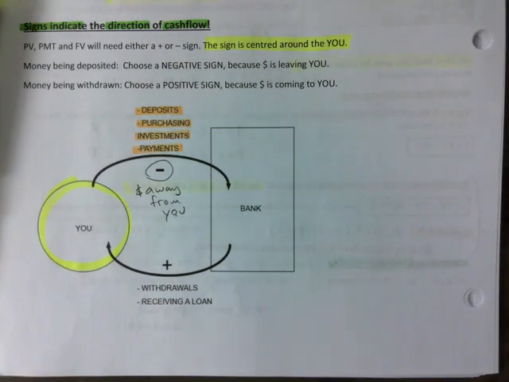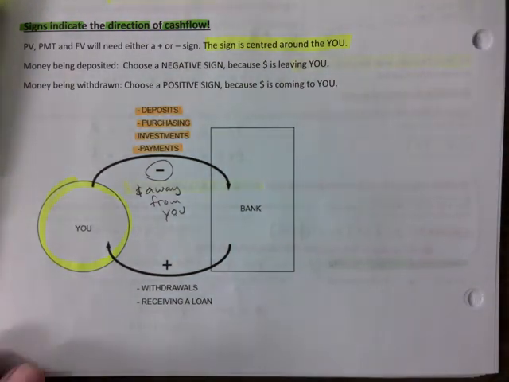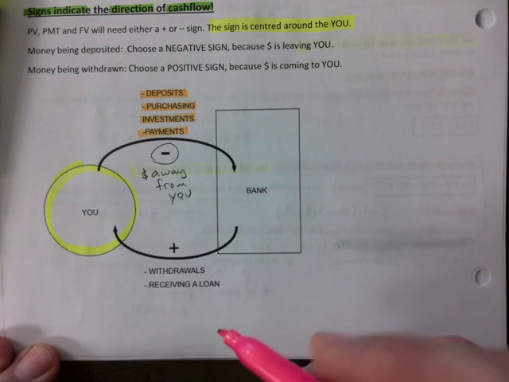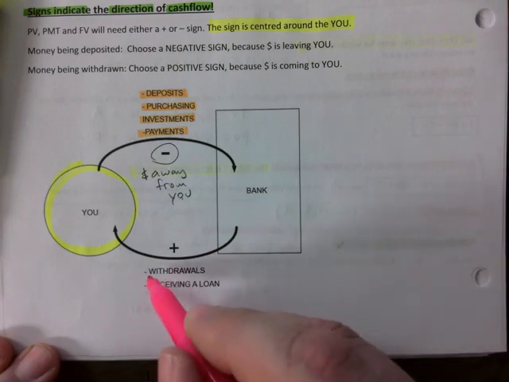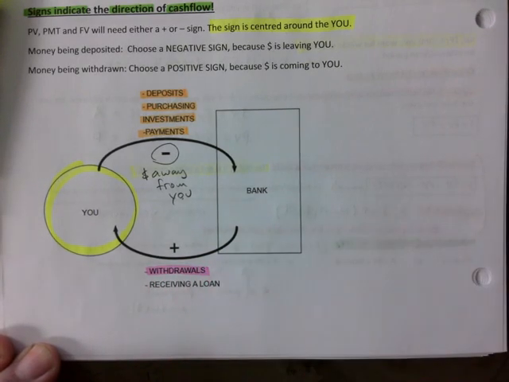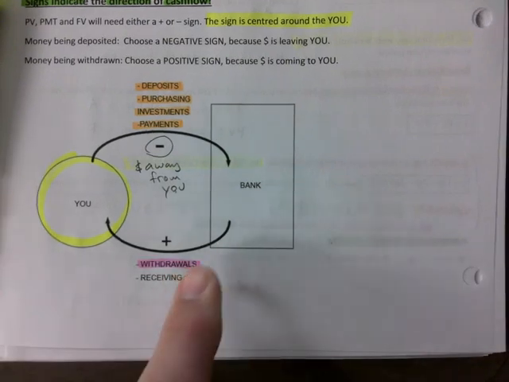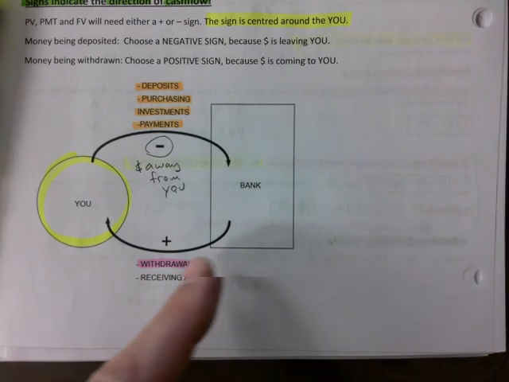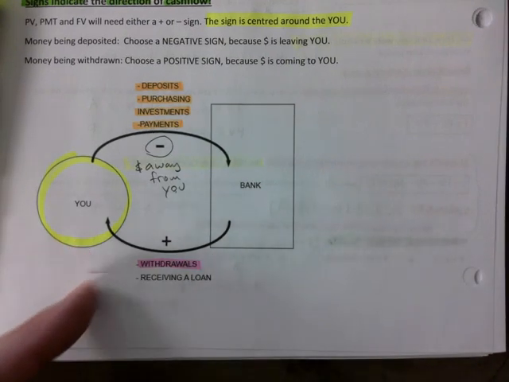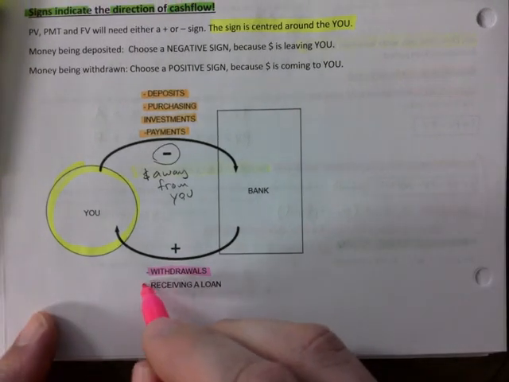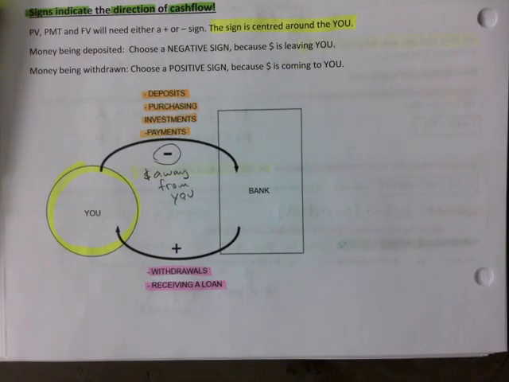On the other hand, if you're making a withdrawal, like let's say you have savings in the bank and you're like, hey, I want my money back, you're taking it back. The money's coming to you, so it'll be positive. If you're receiving a loan to buy that car you want, guess what? The bank is giving you the money to go buy what you really want. So the money's coming to you.